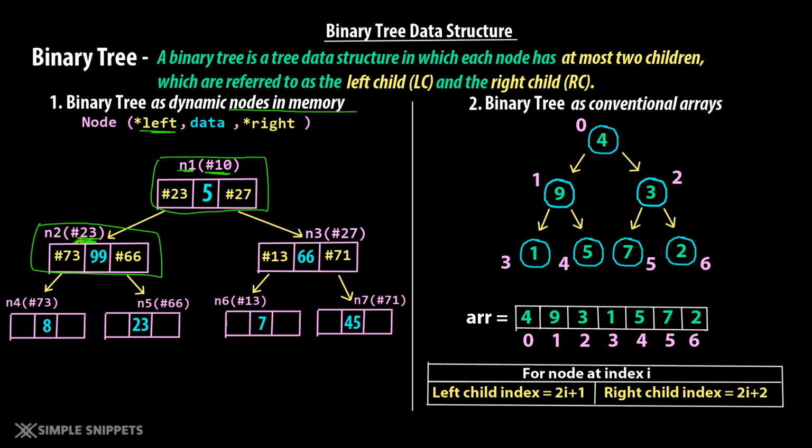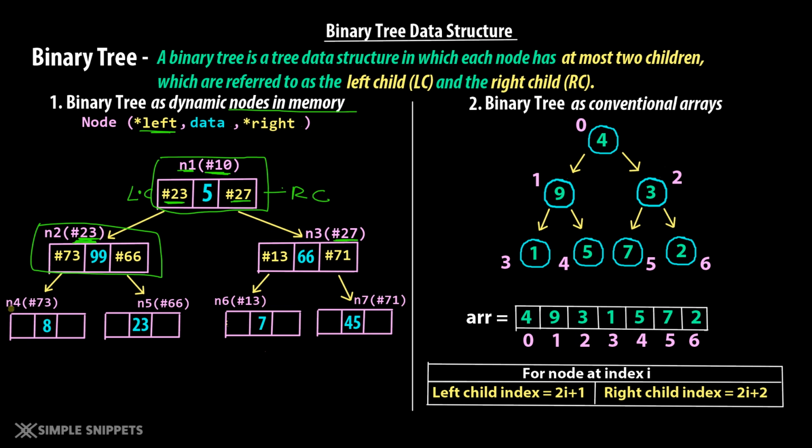So n2's address of 23 is stored as the left child address, and for the right child you assign n3, which is again created at some other memory location #27. So #27 is stored over here as the right child, and pretty much that goes ahead also.